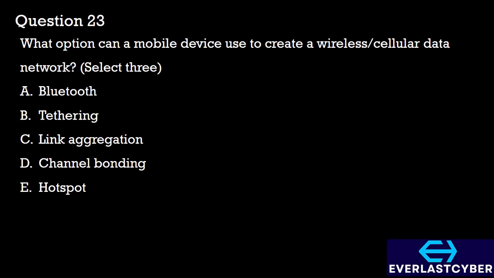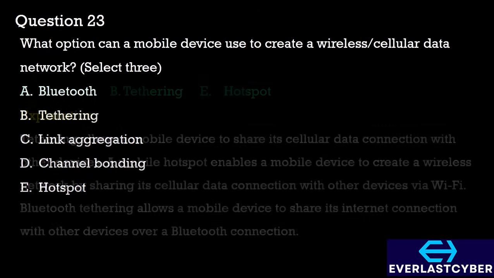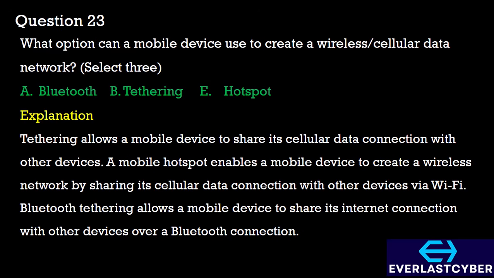While hotspot is a feature that enables a mobile device to create a wireless network by sharing its cellular data connection with other devices via Wi-Fi. So with respect to the question, the three options that a mobile device can use to create a wireless or cellular data network will be options A, B, and E. That is Bluetooth, tethering, and hotspots.